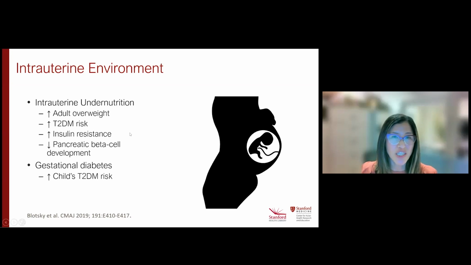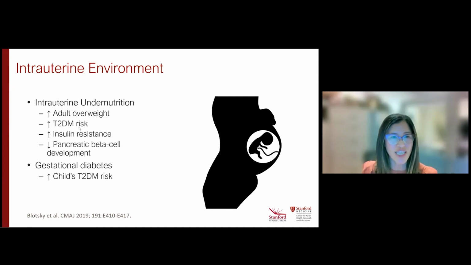That has been associated with increased overweight status later on in life. There is thought that even though you inherit a certain number of genes from your parents, this intrauterine environment is what leads to different gene expression. This could lead to increased risk for diabetes.